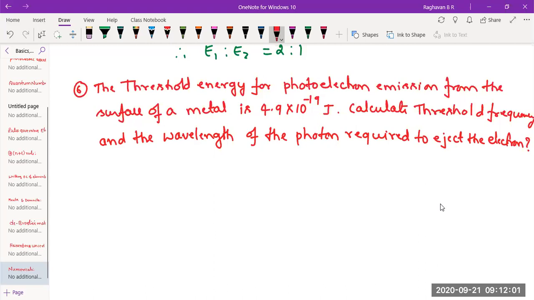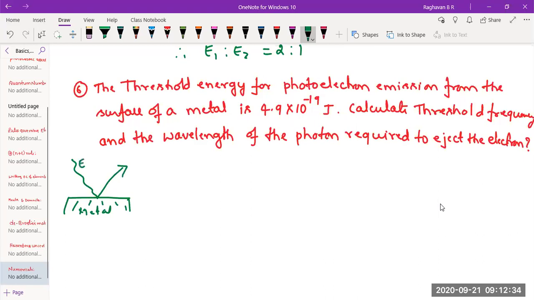So this problem is based on the photoelectric effect. I'll give a brief idea about this. See, there is a metal surface. Here electrons are there. They have given the threshold energy for photoelectron emission from the surface of a metal. If you want to remove an electron, you have to incident a radiation of suitable frequency for that threshold energy.